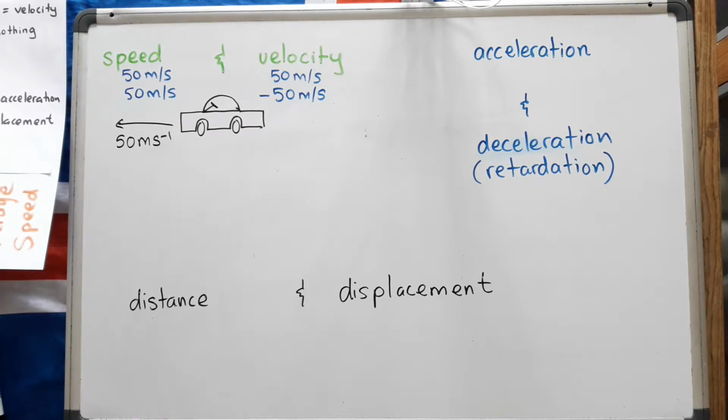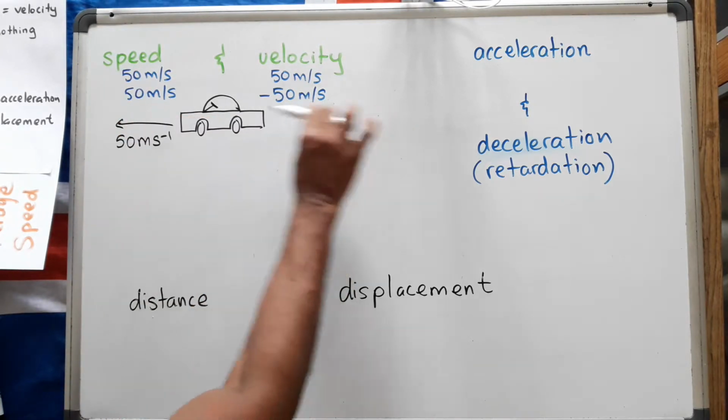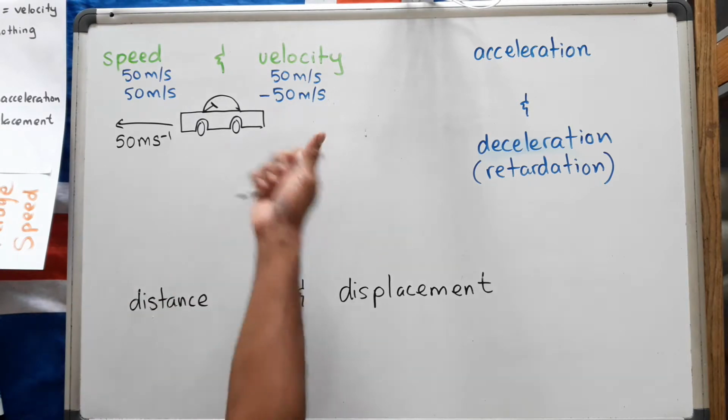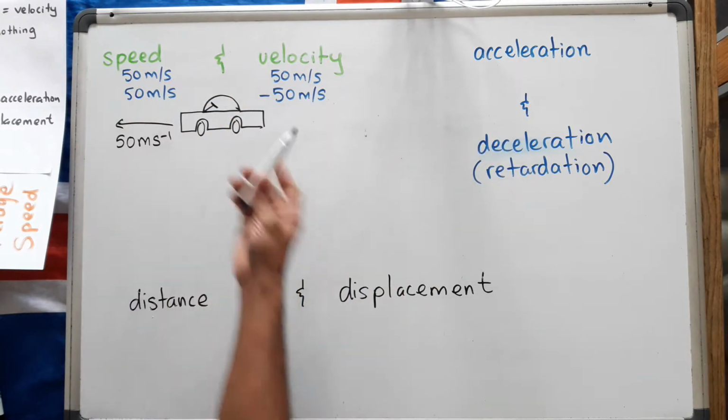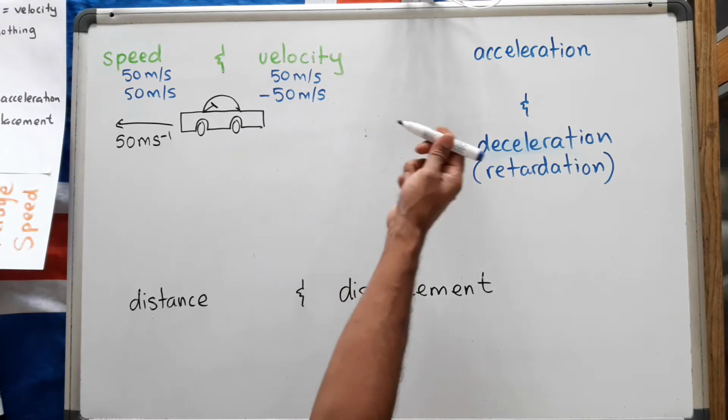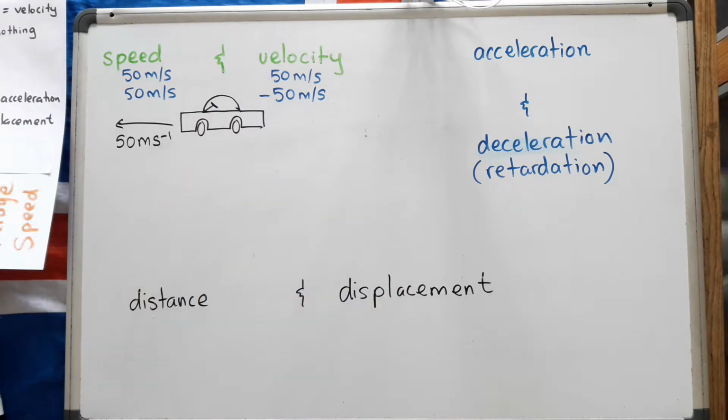In other words, speed doesn't care which direction you go. The speed is always positive. Velocity cares about direction. So usually in a question, you have to choose one side to be positive. Since I started off this way, I chose this direction to be positive for velocity. But if it reverses direction, it will be negative.